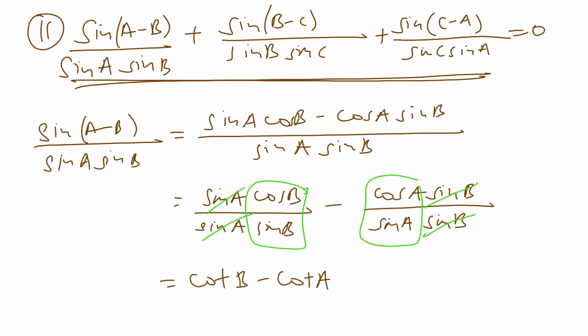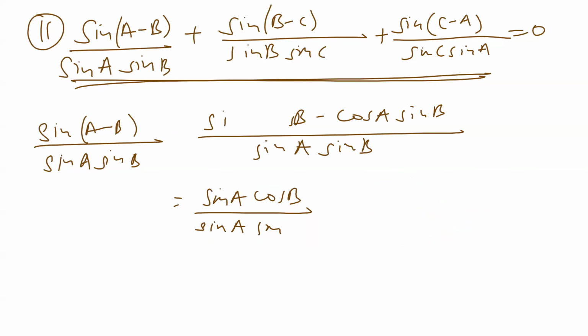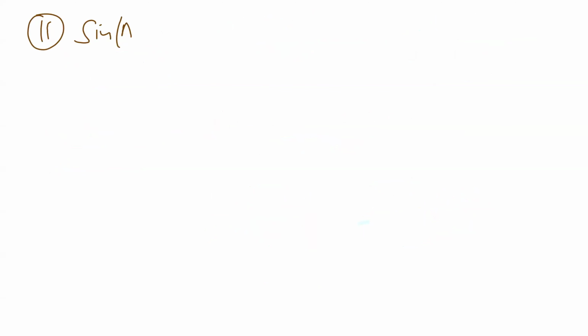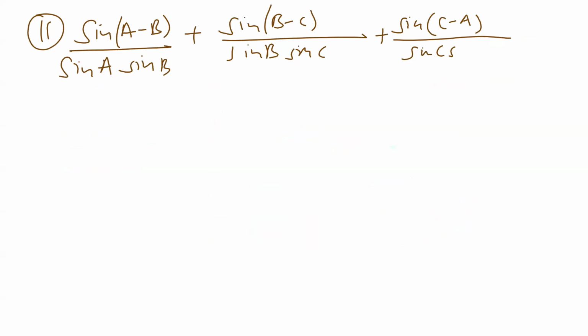So the first term is cot B minus cot A. Now similarly, we can calculate the other terms and you can either calculate it or you can also write similarly, whatever your teacher is good with.